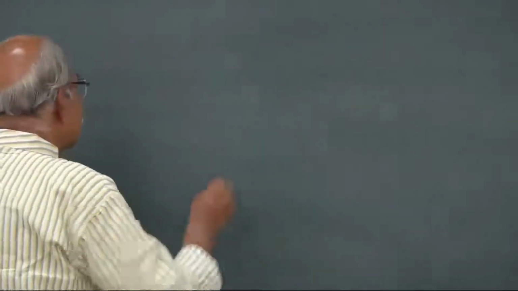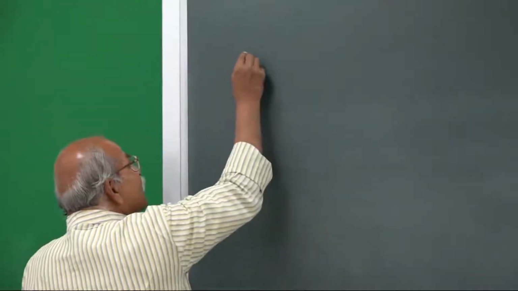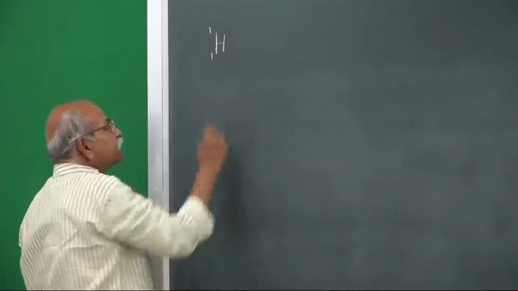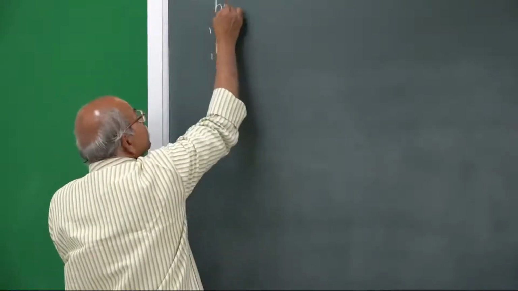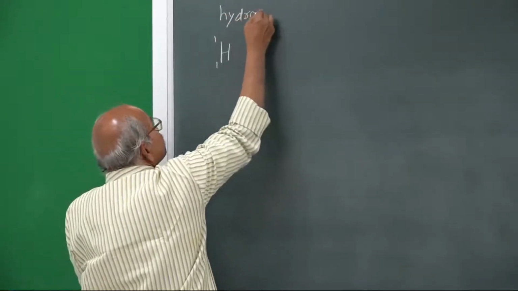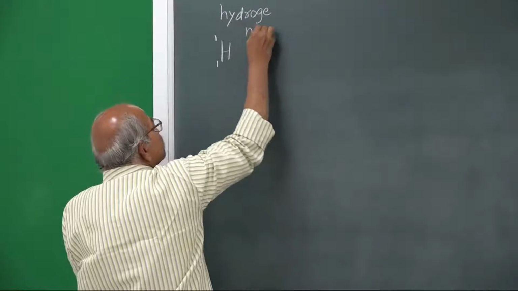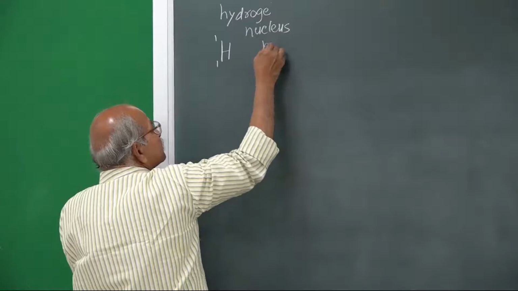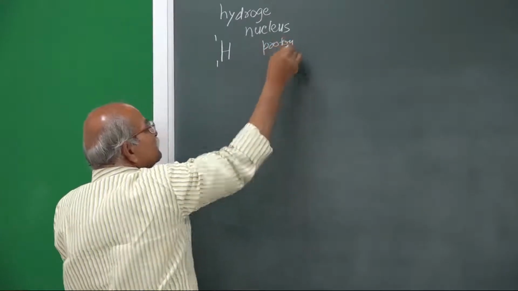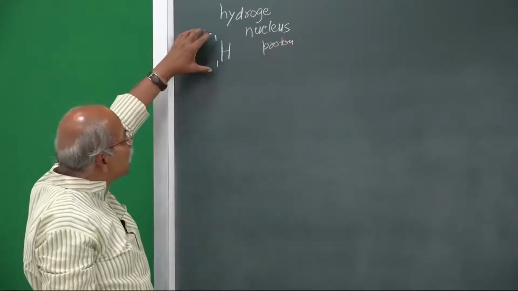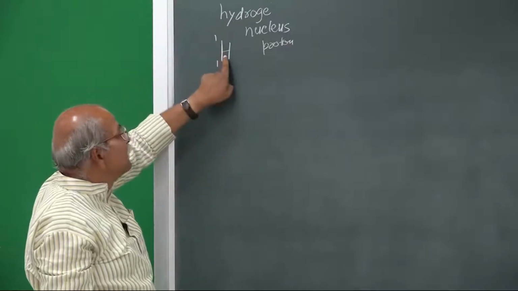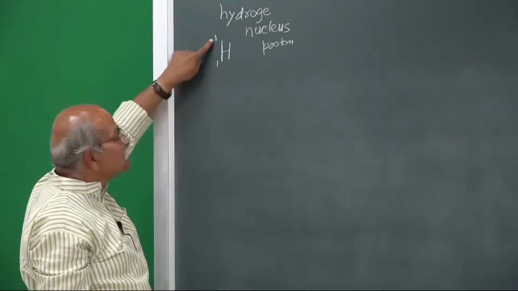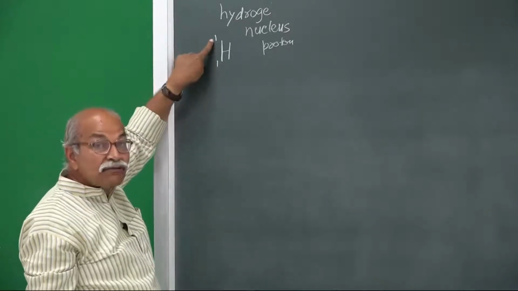Hydrogen is just a proton, and the way to write a nucleus is like this: here is the name, this is the number of protons, and this is the total number of protons and neutrons.